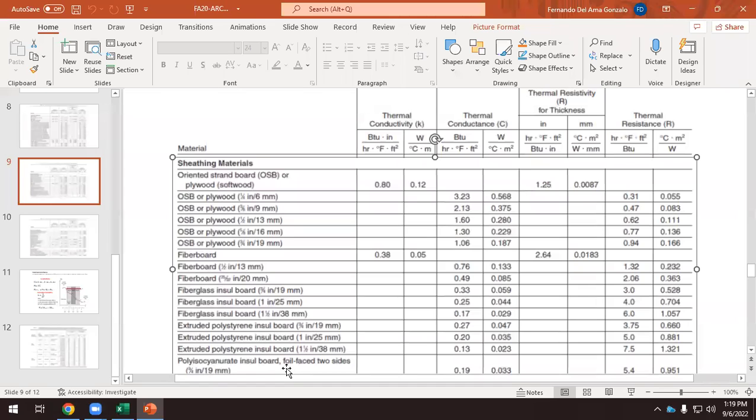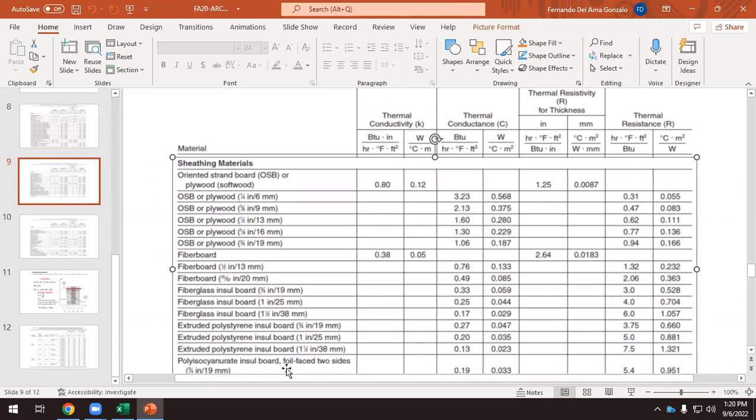Thermal resistance is thickness divided by the thermal conductivity. So if we want to find the thermal conductivity, it equals thickness divided by R. So if this is 1 inch, and this is 5 hour Fahrenheit feet square divided by BTU.